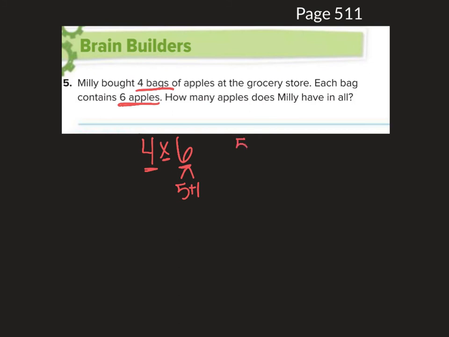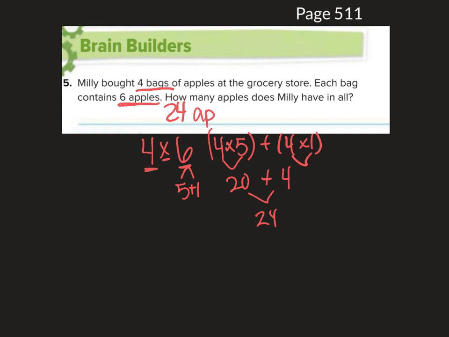So then I would do 4 times 5 plus 4 times 1. 4 times 5 is 20. 4 times 1 is 4. 20 plus 4 is 24. So we've got 24 apples, right? Because the question says, how many apples does Millie have in all? She has 24 apples in all. That would make a more complete statement.